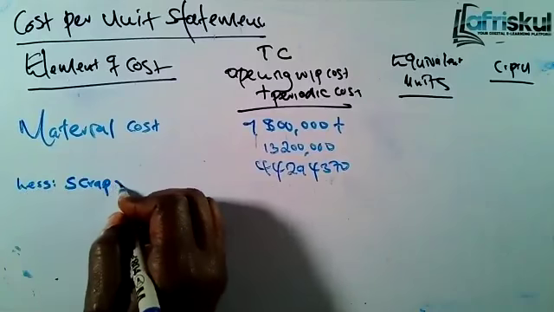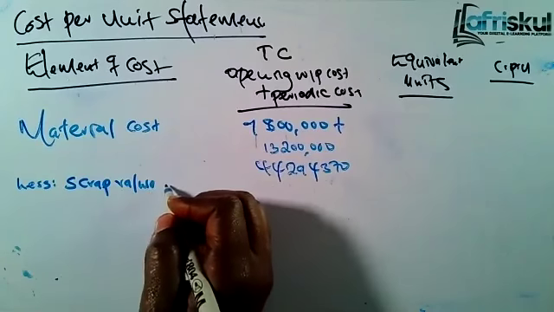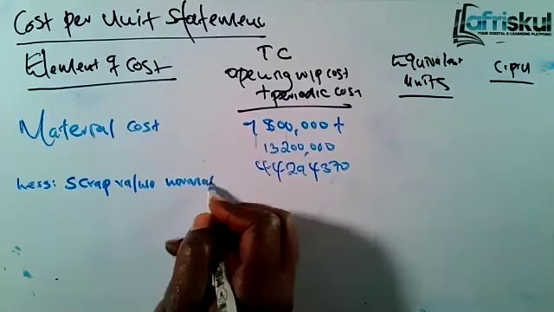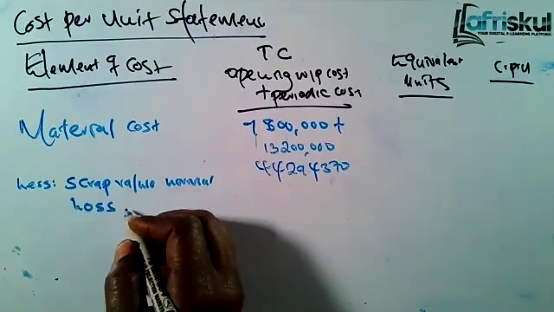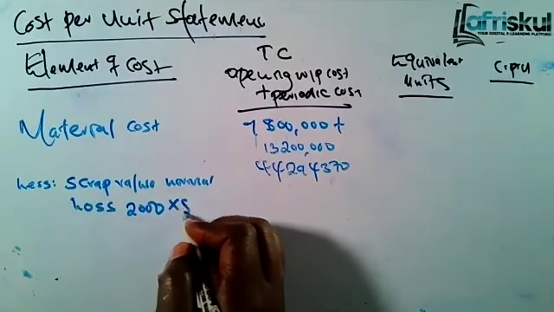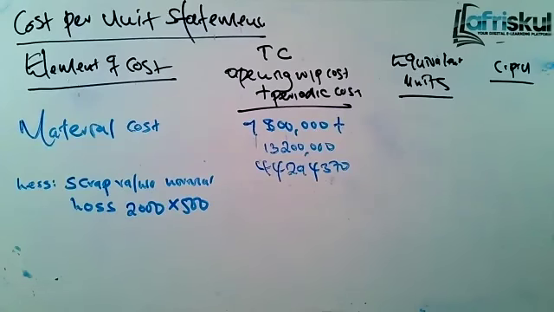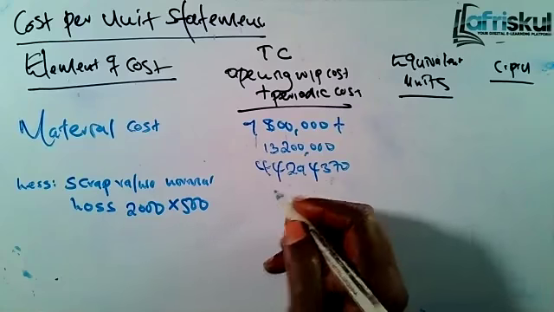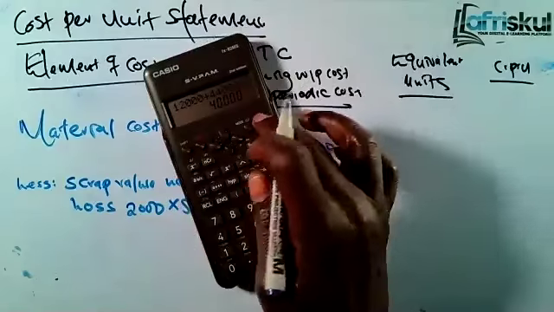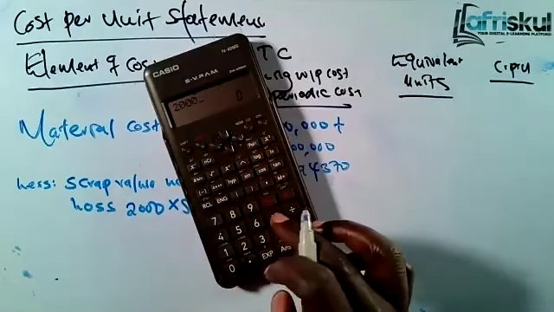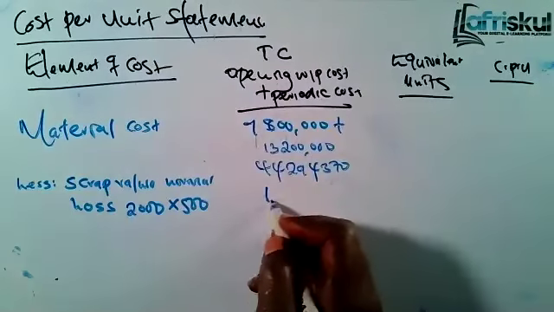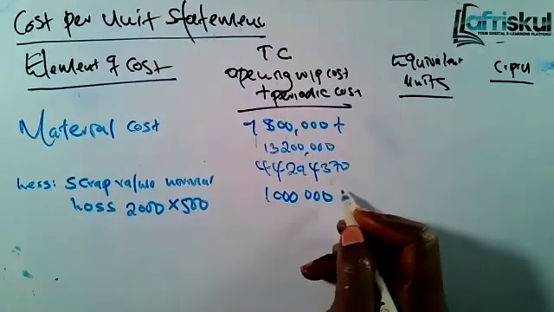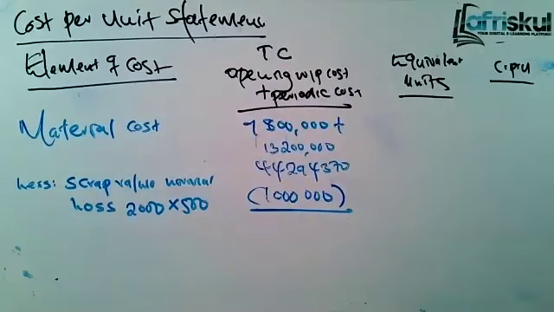Then you less scrap value, normal loss, which was 2,000 units. At this level they are being sold at process B at 500 each, so 2,000 multiplied by 500 gives 1 million. You deduct 1 million.